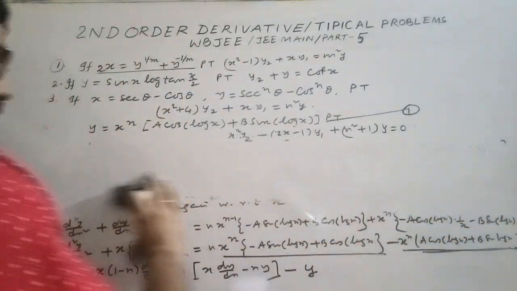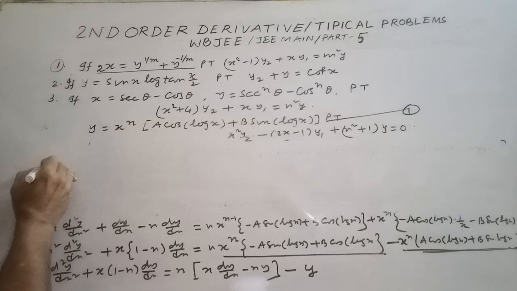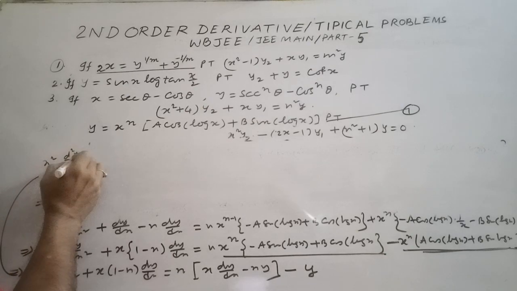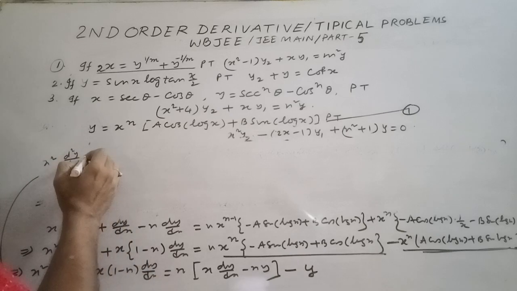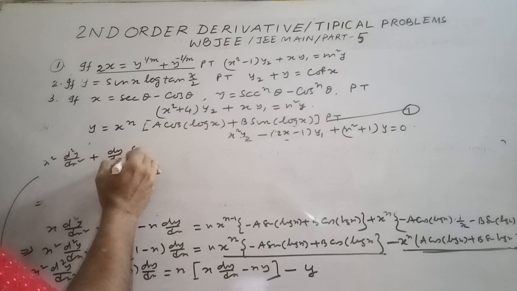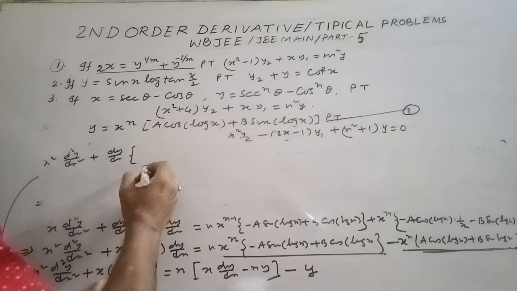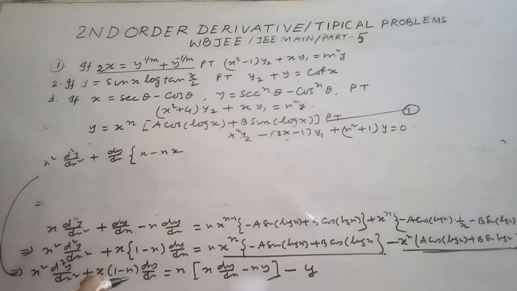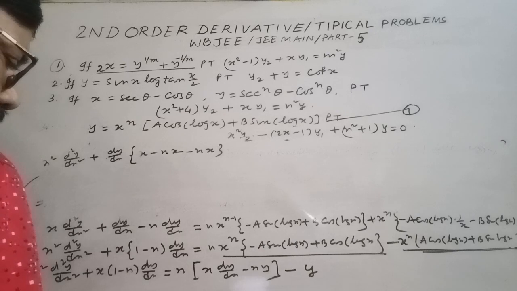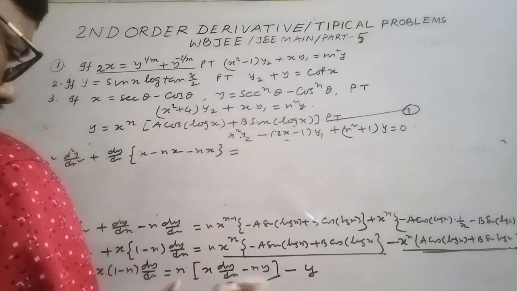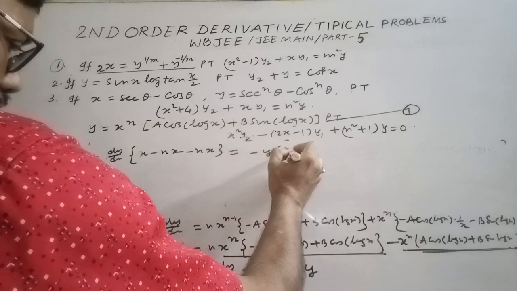Look. So x square d2y/dx2 plus dy/dx common, x is common, so this is x minus nx, and it is transferred to the left hand side, so this is minus nx also, and this is minus y common, n square plus 1.